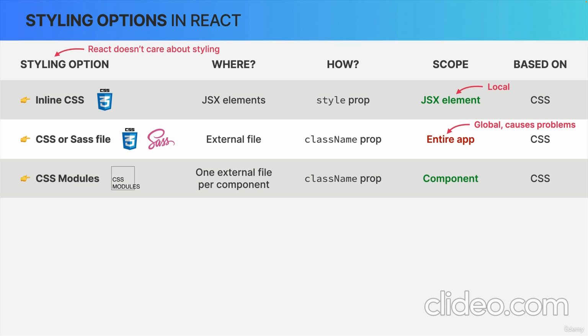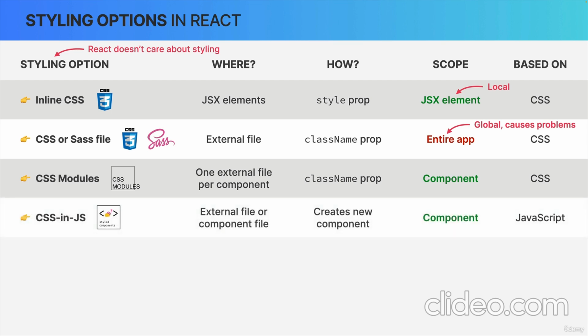Now, if you want to take it even one step further, you can go with a CSS in JavaScript library like styled components. So, as the name says, with CSS in JavaScript, you actually write your CSS inside a JavaScript file. So, in the same file where you define your components.